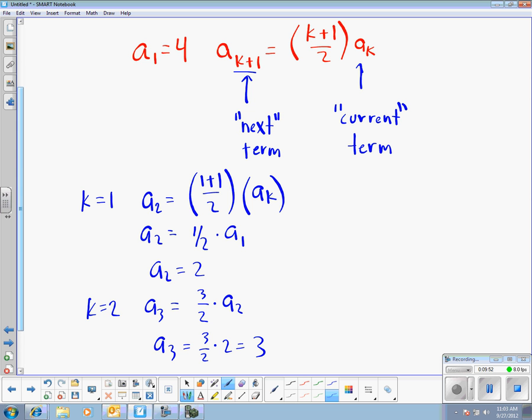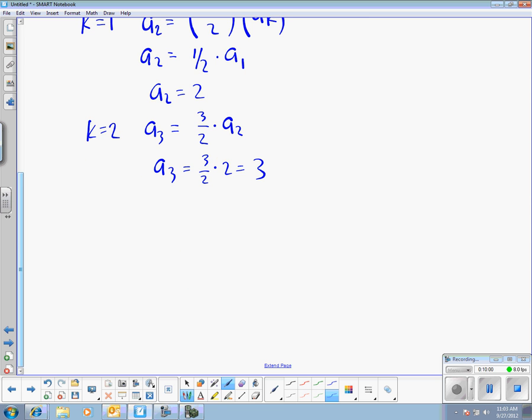Okay, so basically, long story short, each term depends on the term in front of it, and it's based on this formula. Probably the most famous recursively defined formula, you fans of Da Vinci Code, is the Fibonacci sequence.